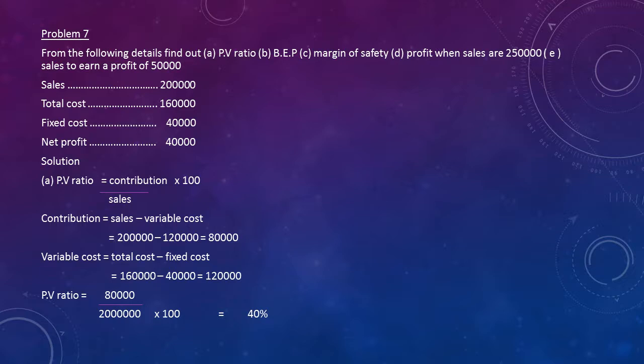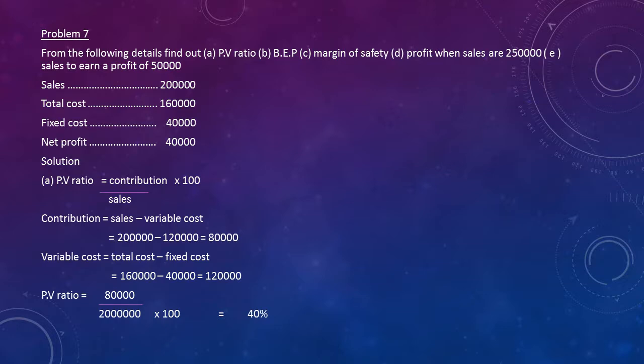PV ratio is equal to contribution divided by sales into 100. So here, how can you calculate contribution? Contribution will be sales minus variable cost. If you look at the problem, you can note that the variable cost is not given directly, but you have total cost and fixed cost.